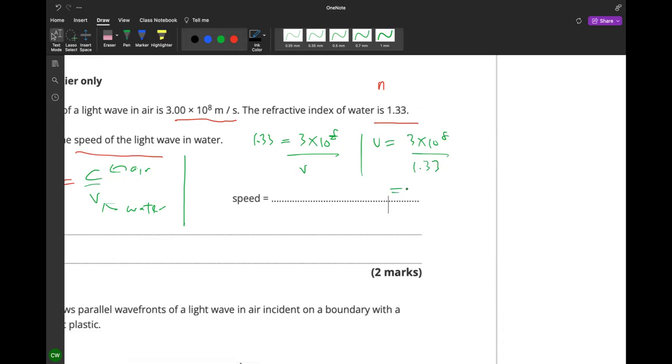Okay, what is the final value? It's wrong. Okay, try to calculate and see.